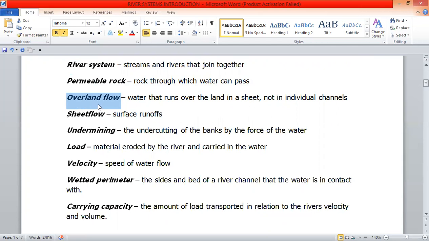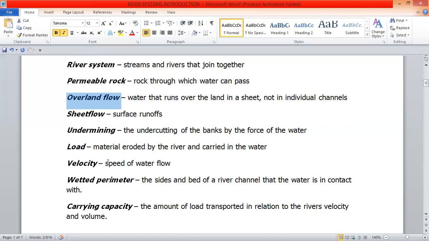Then sheet flow is surface runoff, water that flows on the surface. Then undermining is the undercutting of the banks by the force of the water. It happens in waterfalls. The water is undercutting the banks of the river.